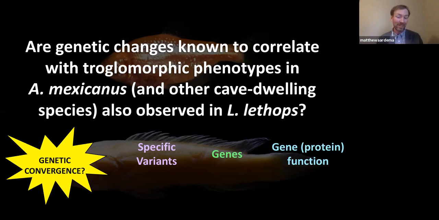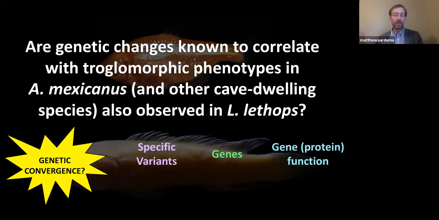You may see convergence being driven by changes in the same gene, but through different mechanisms: a SNP in one location in one species and a SNP in another location in another species, same gene, different SNPs, but they result in the same phenotype.